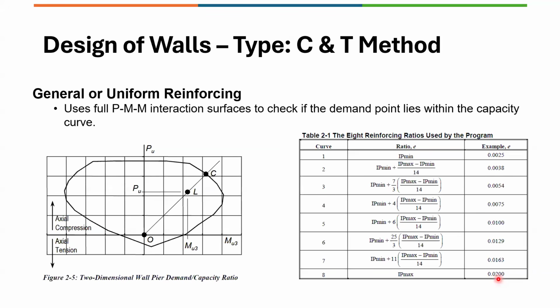The default range in the preference is 0.0025 to 0.04, which is a wider range. So keep it smaller and iterate the design a couple of times till the required ratio is bracketed within these limits. That's how you should go about this when you're designing the piers.